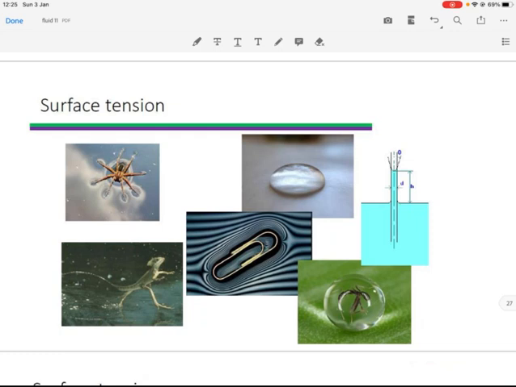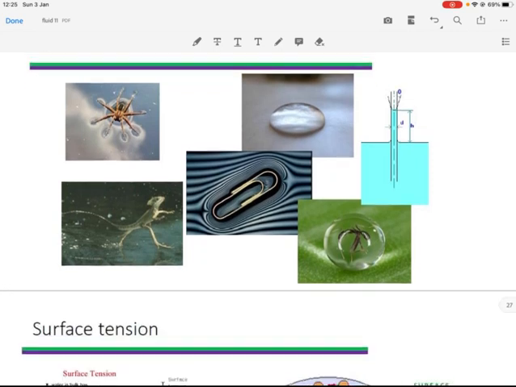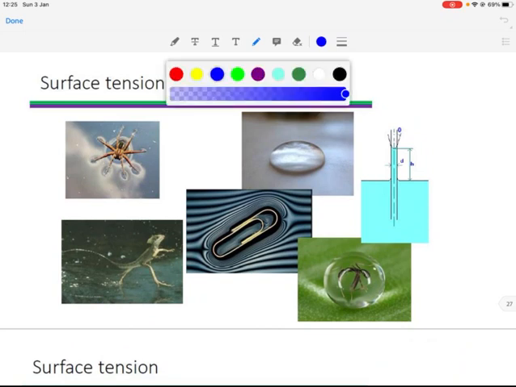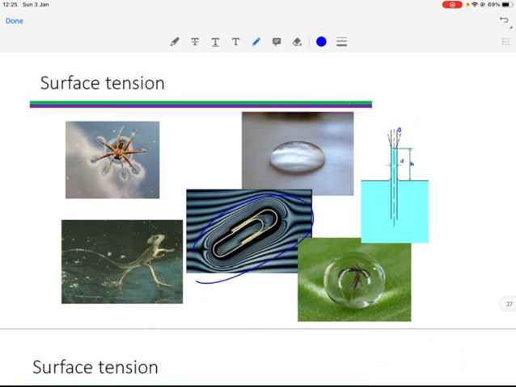One good example you see here is a clip, right? That can be floating on a water surface. Of course, you know that this clip is made of metal, and this metal should have a larger density than the water.